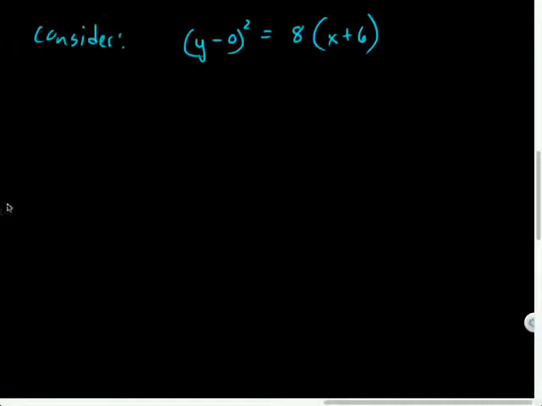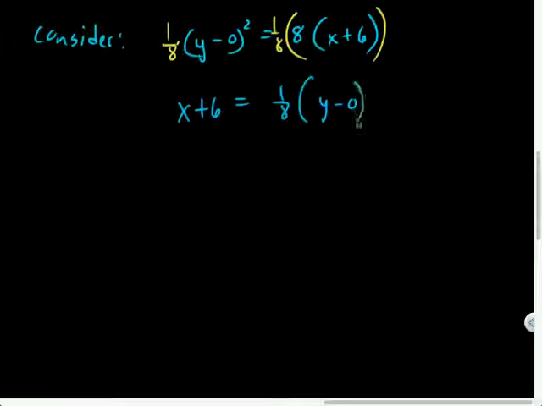So to do that, I'll divide both sides by 8, or multiply both sides by 1/8, I don't know which way is easier for you to perceive it. So I'll have, and I'm going to flip it, x + 6 = 1/8 (y - 0)^2.